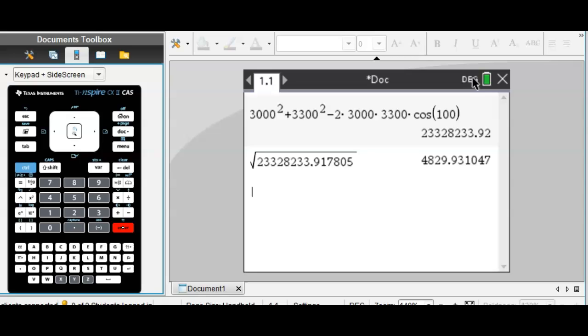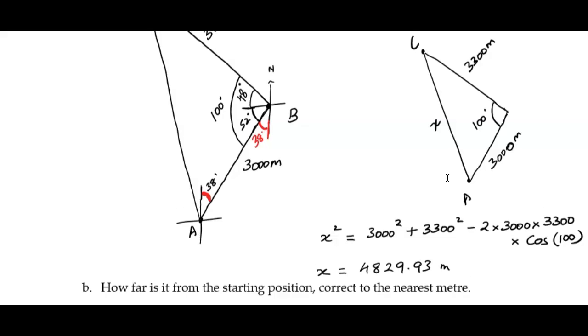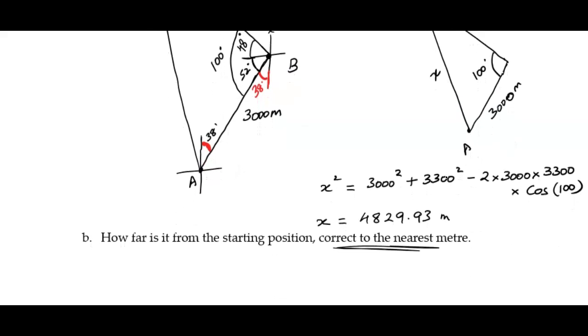So it gives me the direct distance between points A and C is 4,829.93 meters. Obviously the question wants us to round the answer to the nearest meter, so the nearest meter is going to be 4,830 meters.